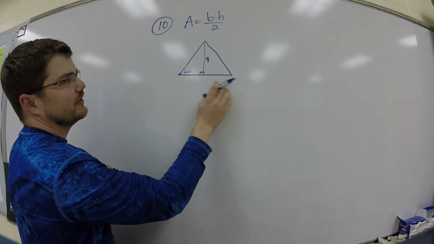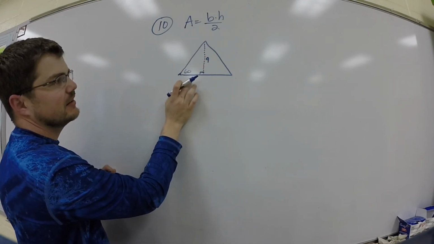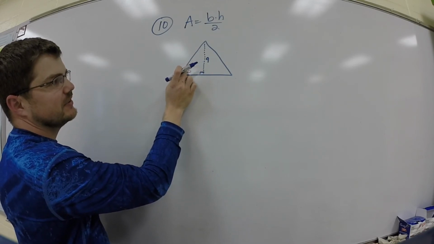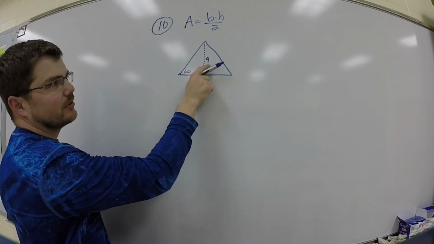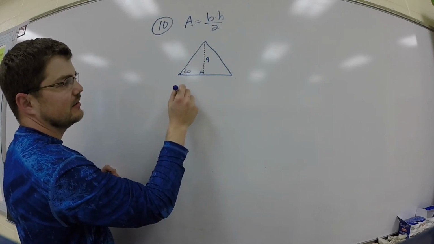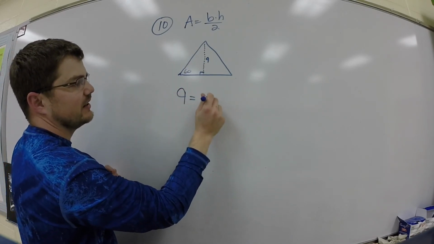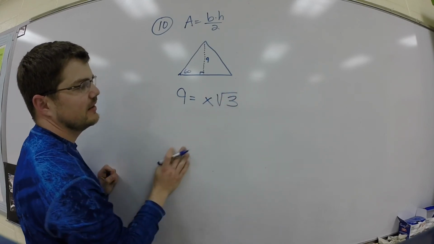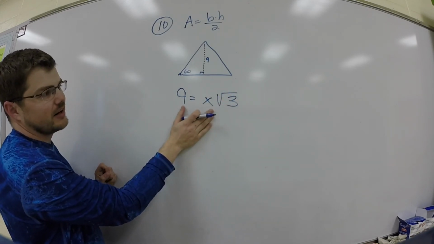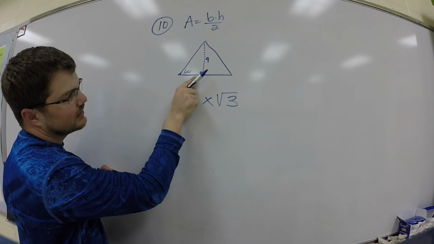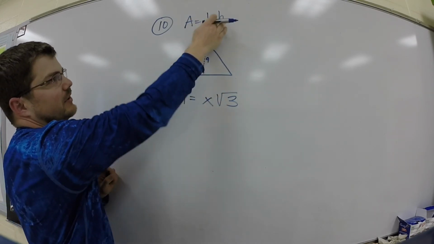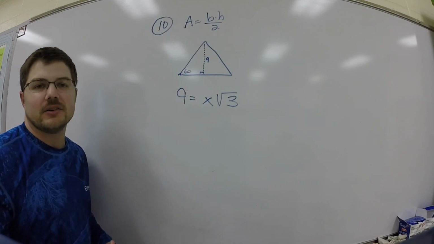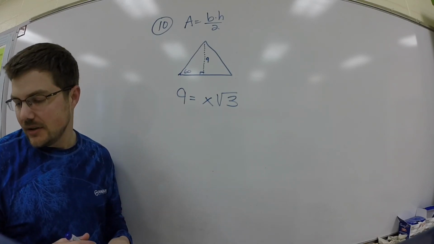Remember in the formula, the side across from 30 is x. The side across from 60 is x times root 3. So what this problem is telling me is 9 equals x times root 3. And we're going to use this to figure out x. And then we'll double it to find the base. And then we'll do base times height divided by 2 to get our area. So a lot going on this question. So let's work through it.